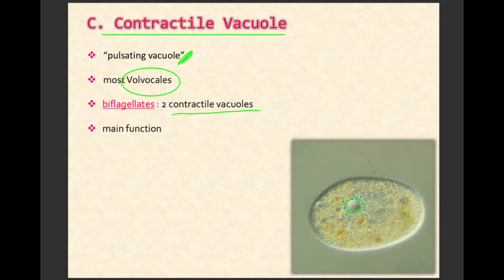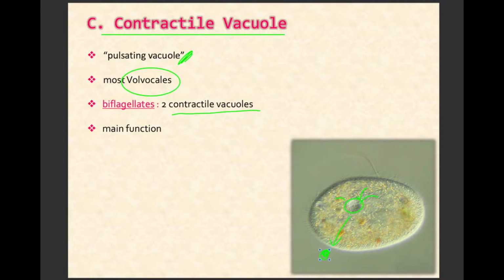So basically, the main function is for osmoregulation, to maintain water and solute balance. So what it does, that pulsating vacuole will collect water molecules, and it will expel that water outside.